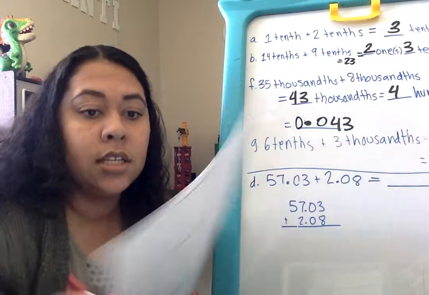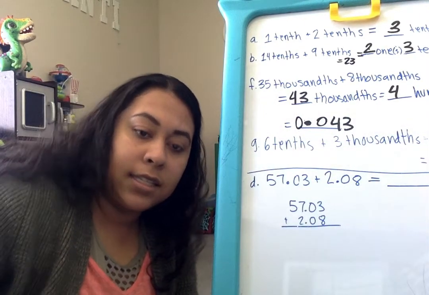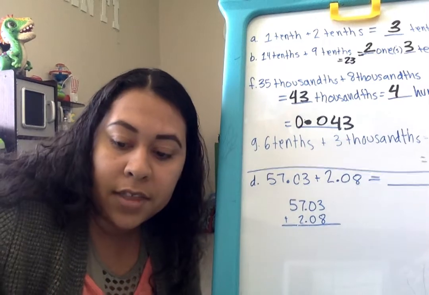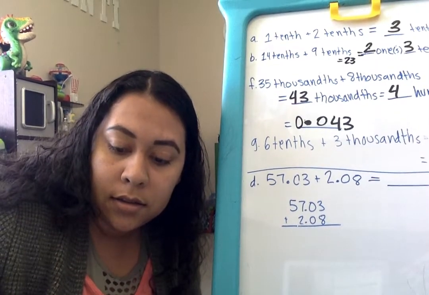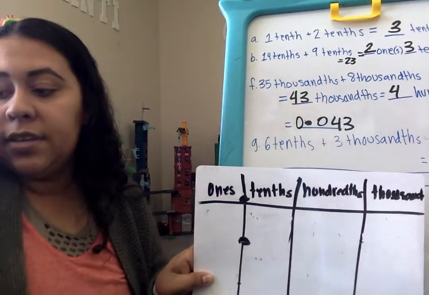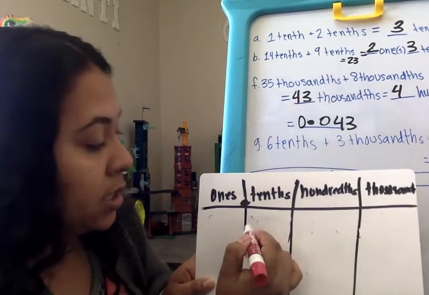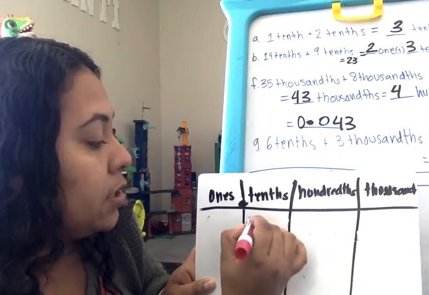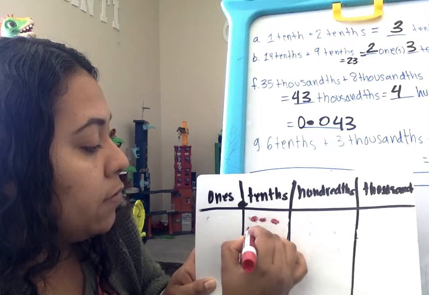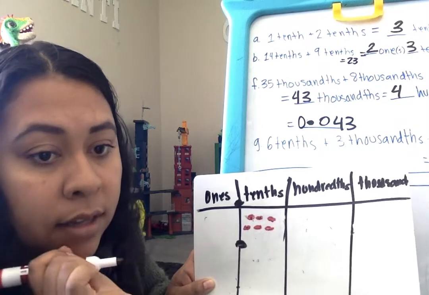Next is G. G says 6 tenths plus 3 thousandths. So if you're using your place value discs, 6 tenths. So 6 here, 1, 2, 3, 4, 5, 6, and 3 thousandths.